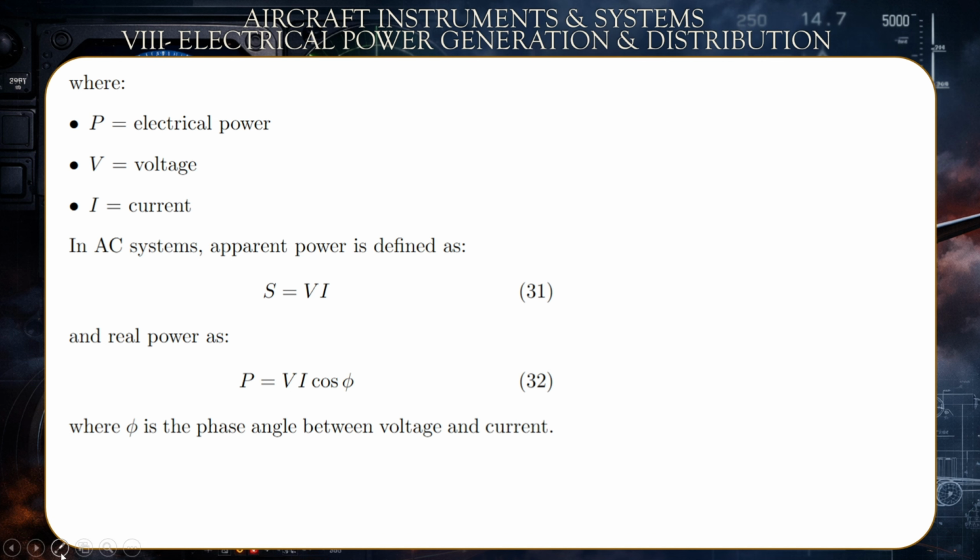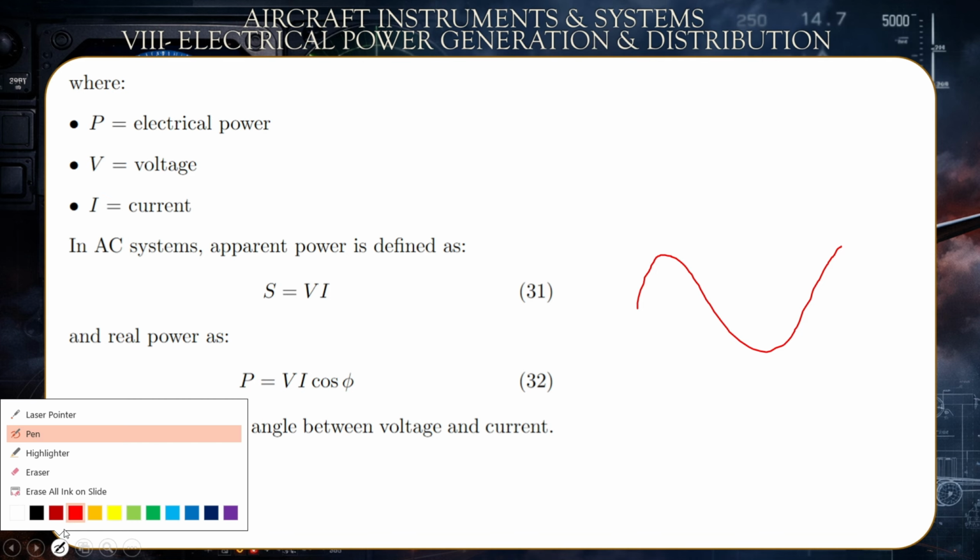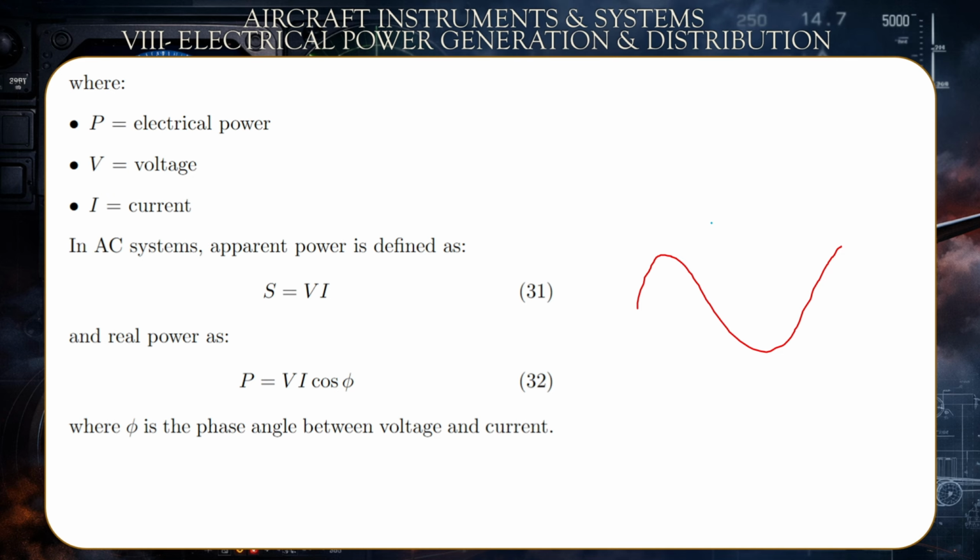And here is what I mean by that. So let's say this is the current, and let's say this is the voltage, okay? So the voltage is in blue. Now, mind you that from here to here, from peak to peak, you have a full cycle, which is how much?